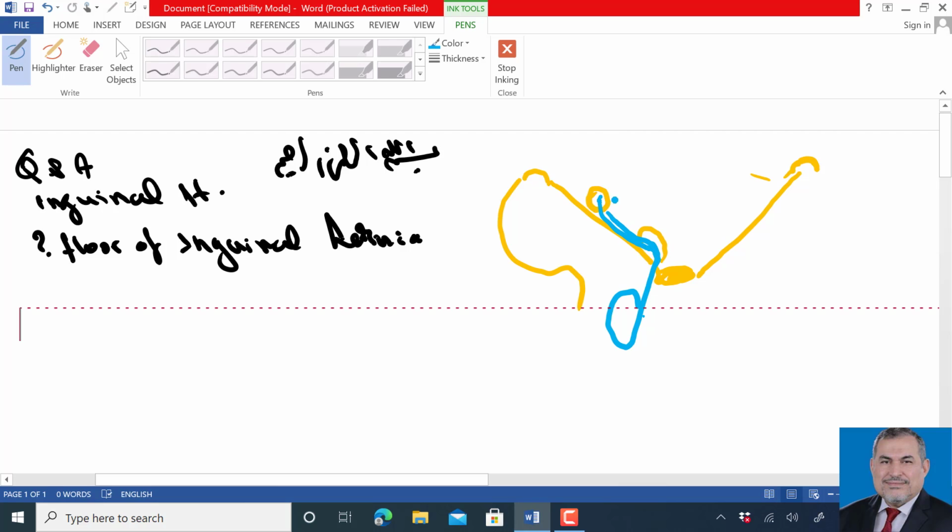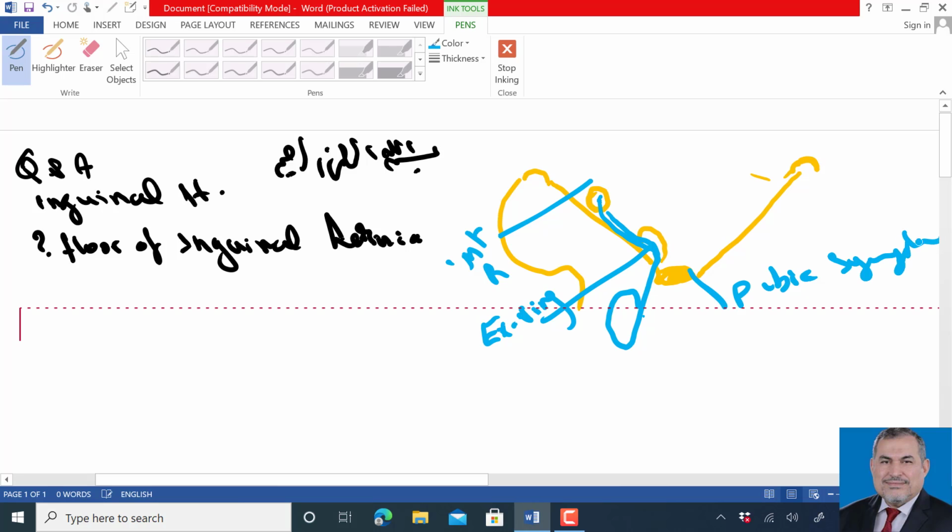Okay, this is internal ring. This is external ring. Pubic symphysis. Okay, this femoral artery.